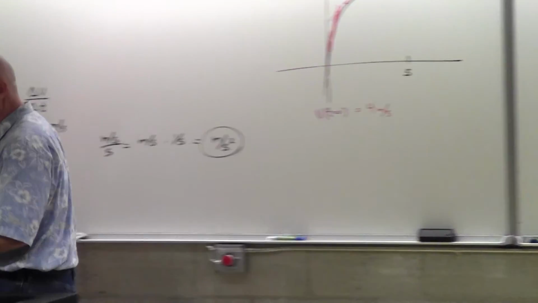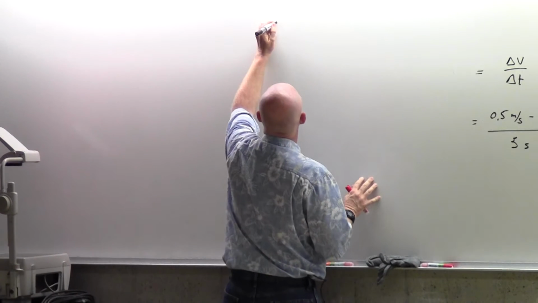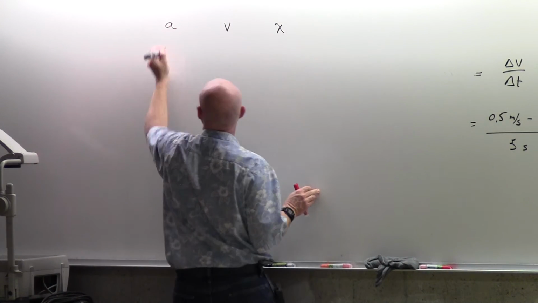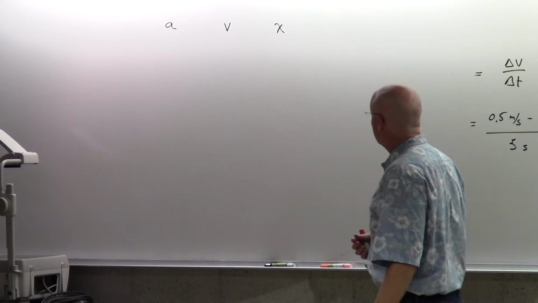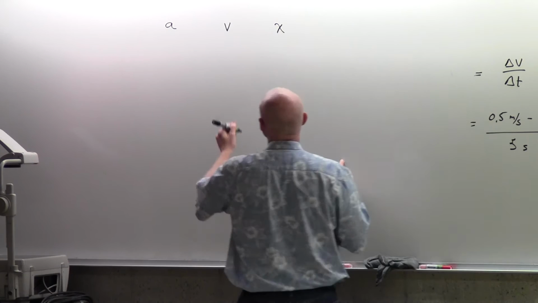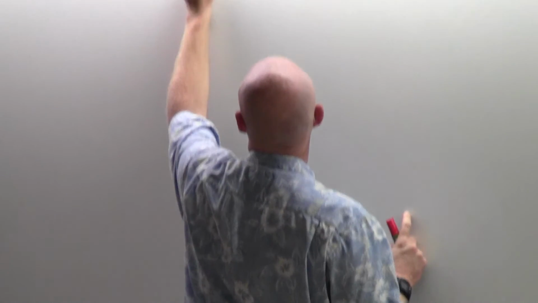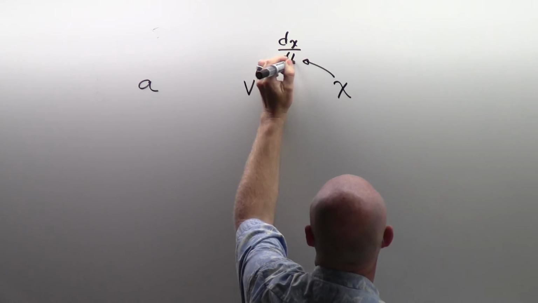So if I were to summarize what we have done so far, I would say we have talked about position, velocity, and acceleration. And those are connected. Because velocity is what? Well, it's the rate of change of position.